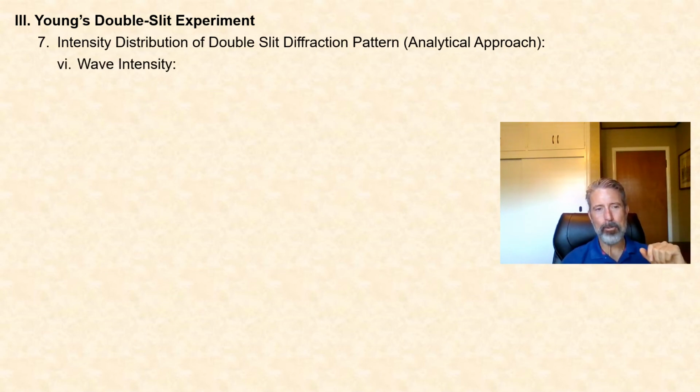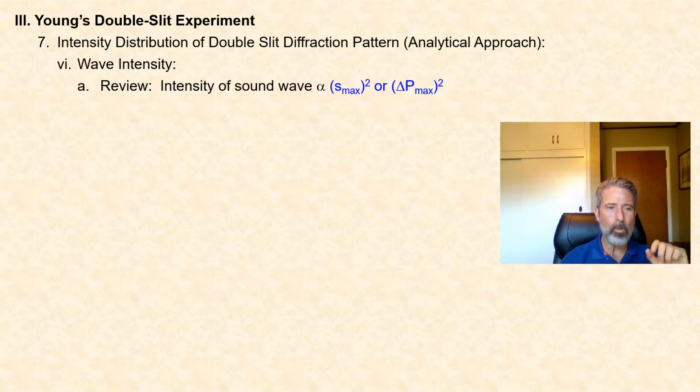So how do we go from electric field to wave intensity? And here's the part where, if you haven't had Physics 103, there's going to be a little bit of a leap of faith here, but I don't think it's going to be too big of a stretch if you consider what you know about the intensity of mechanical waves.